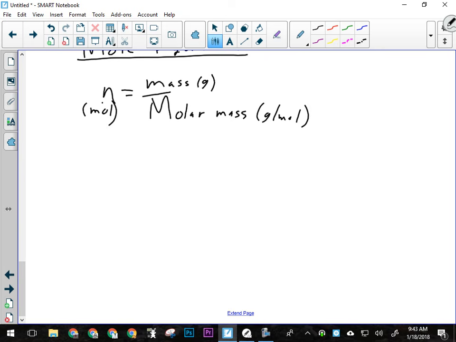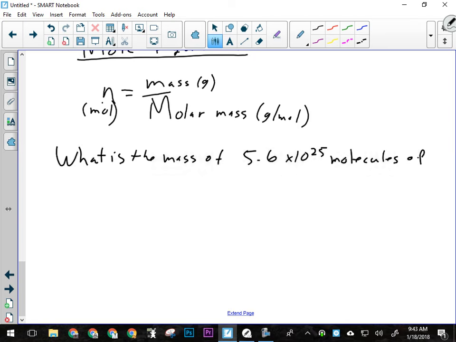So, a mole equation question could ask you something like, manganese 4 oxide.